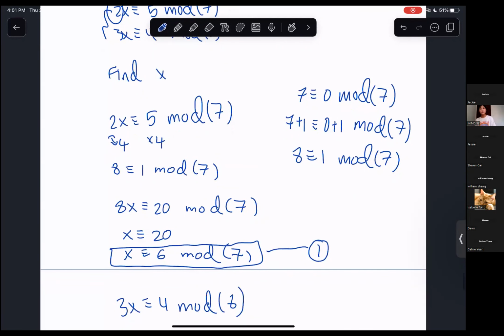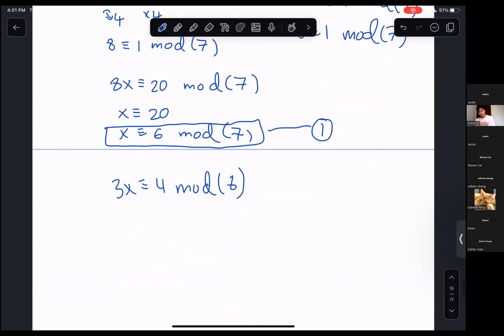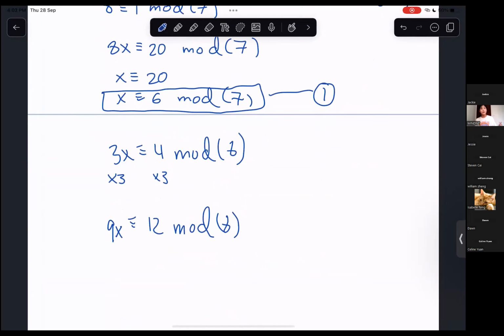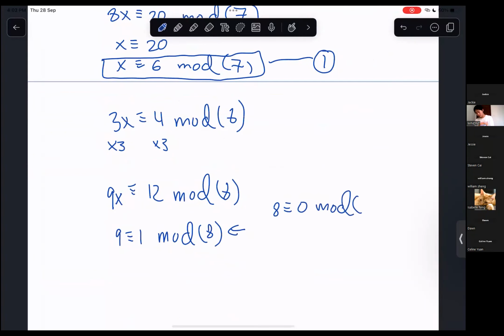Anyways, I saw a really good idea to times both sides by 3. And what do we get there? We get 9x, and that's congruent to 12 mod 8. What's really good about 9 is that 9 is congruent to 1 mod 8. If you wanted to think about this in a little more detail, we know that this is true, then this should also be true, because we know that addition works.